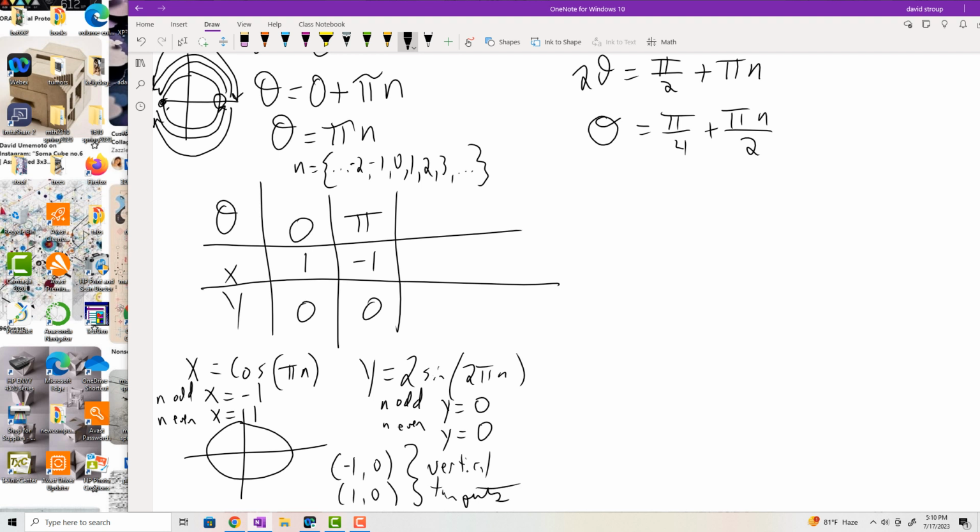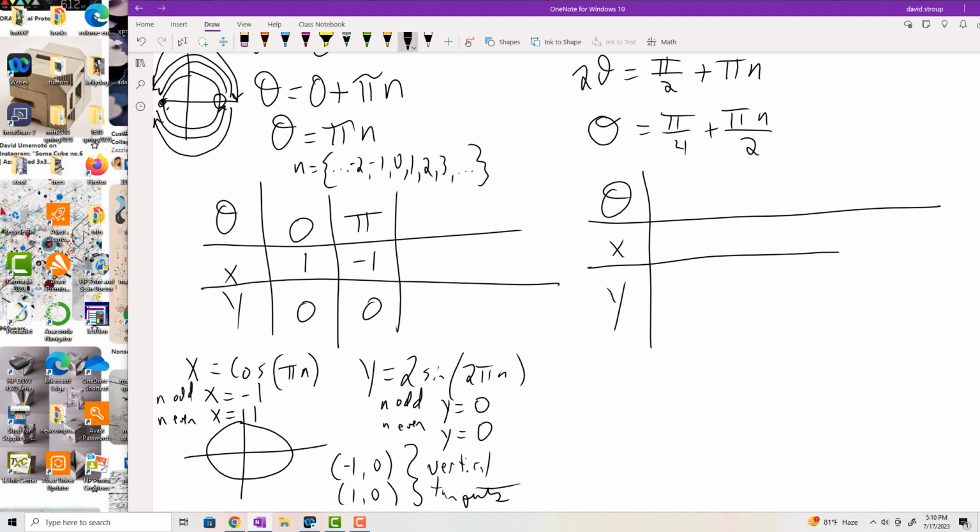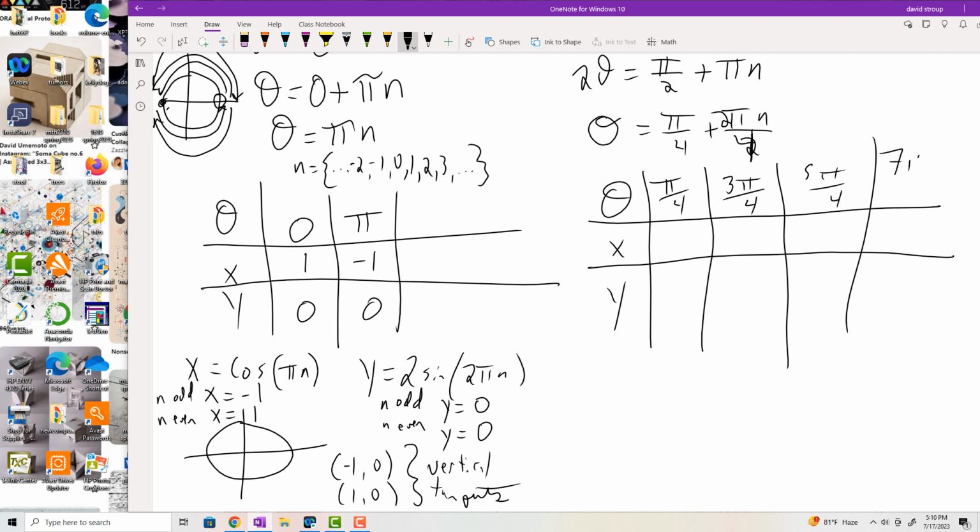Okay, then we just do the same business with this other guy. If you want to, you could do some concrete test values, like try pi/4, and what this really is 2 pi/4, right? So then the next one would be plus 2 pi/4 is 3 pi/4, and then 5 pi/4, and then like 7 pi/4.